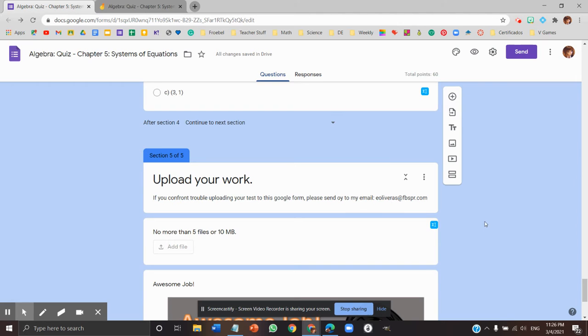Of course, you have that option, but I really prefer that you upload it here. You have up to 5 files to upload, up to 10 megabytes. That means that you can upload up to 5 pictures, or you can also make everything just one file as a PDF and upload it.